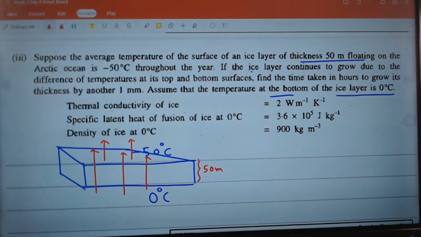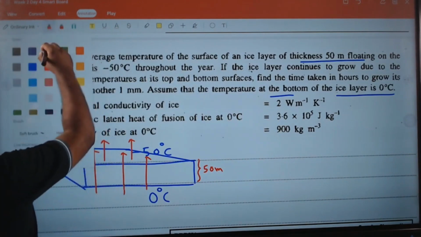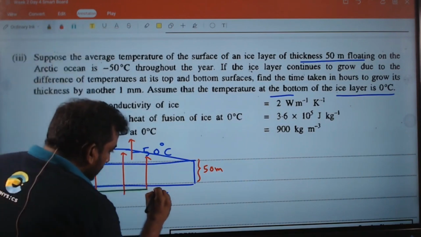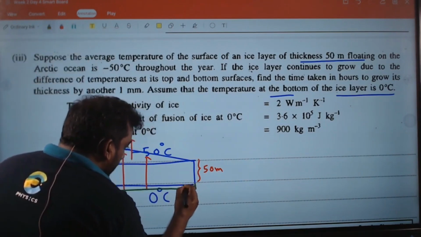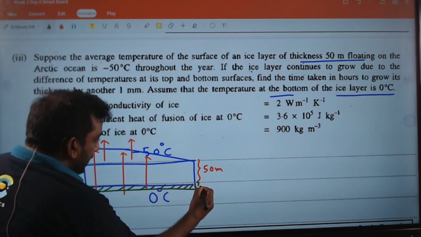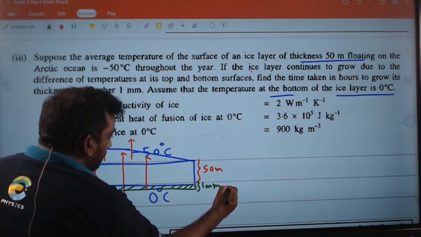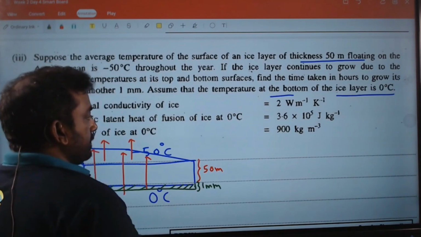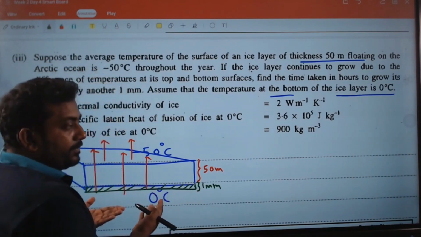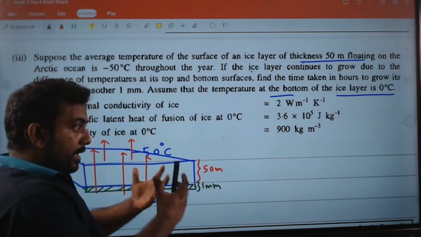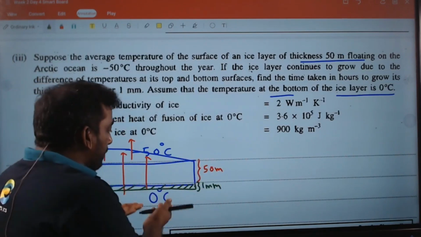Find the time taken for the thickness to grow by 1 millimeter. That means with time the thickness is changing. So how can ice form? Water will give out heat and become ice. Absorbing heat will melt it; giving out heat makes it become ice.